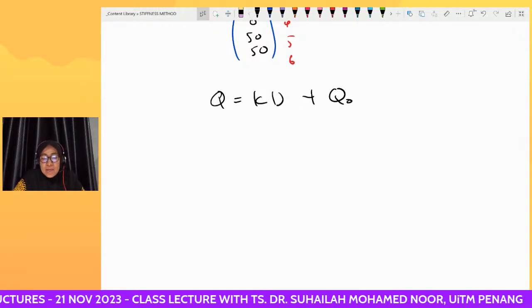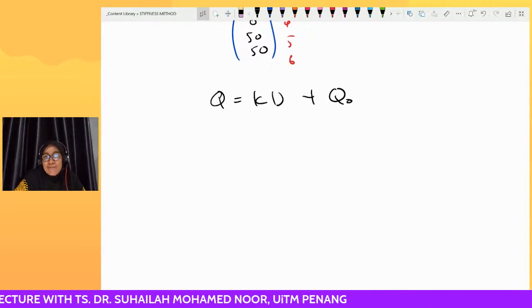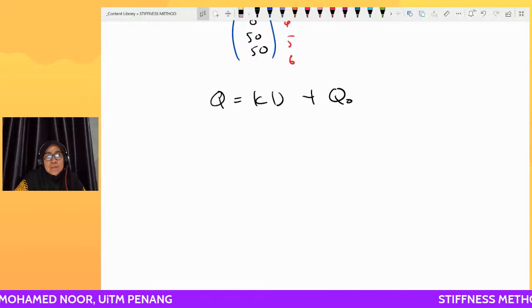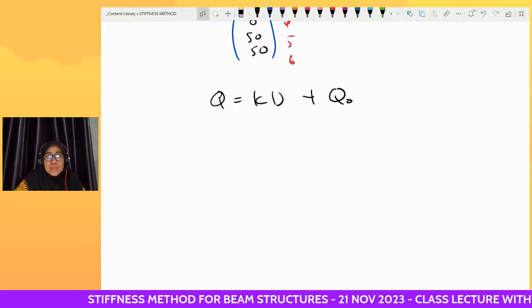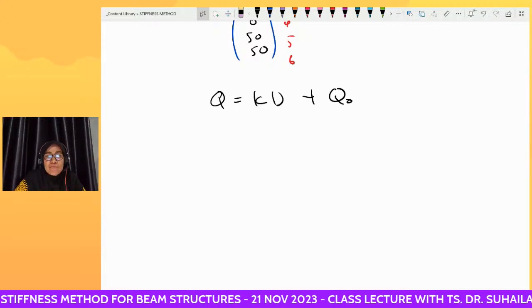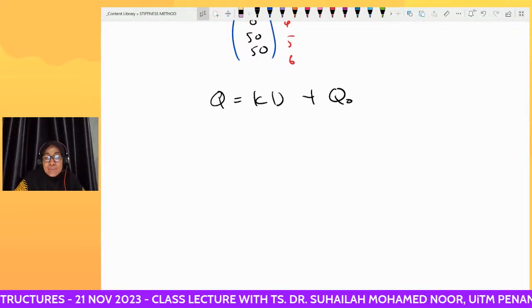Normally you have to read the question carefully, because in examination you have to understand the question. Sometimes you don't need to give the stiffness equation in full, meaning Q for all 6 degrees of freedom.